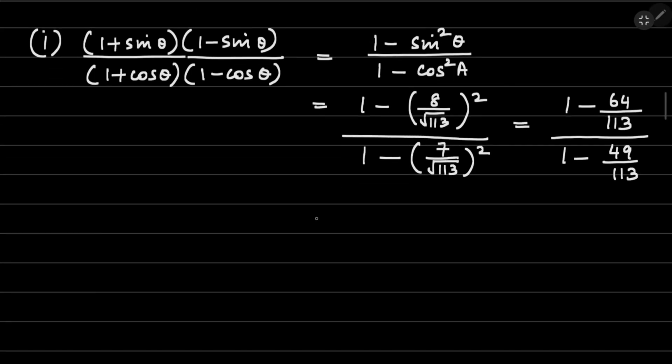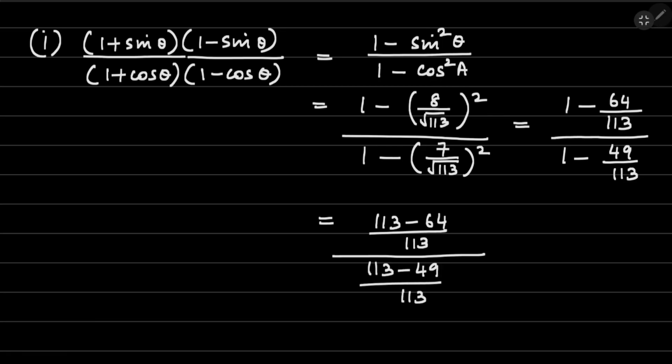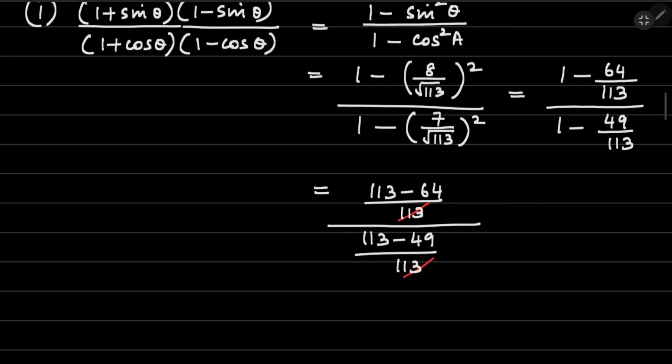When you take the LCM, 113 minus 64 divided by 113 will come. In the denominator, you will have 113 minus 49 divided by 113. The denominator terms will get cancelled. So what will be left is just 113 minus 64 whole divided by 113 minus 49.